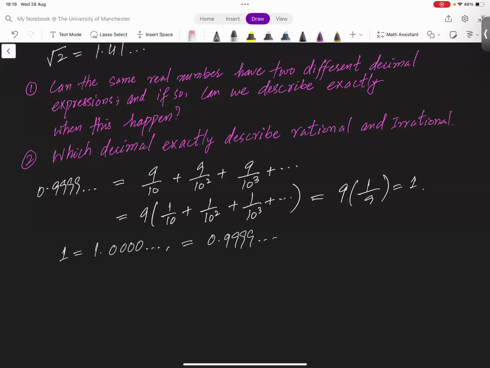Similarly, this is what we are doing for 1.